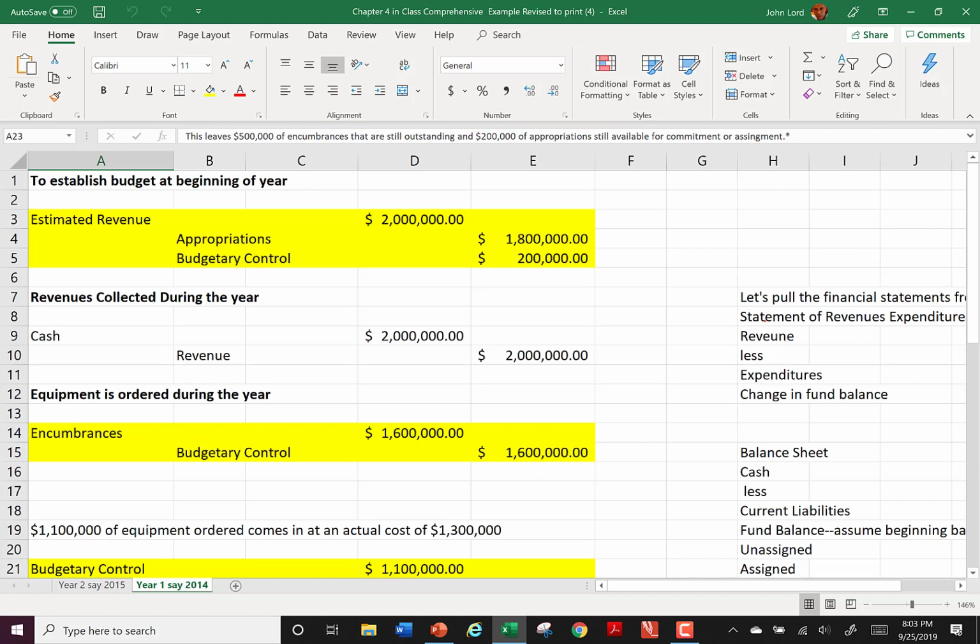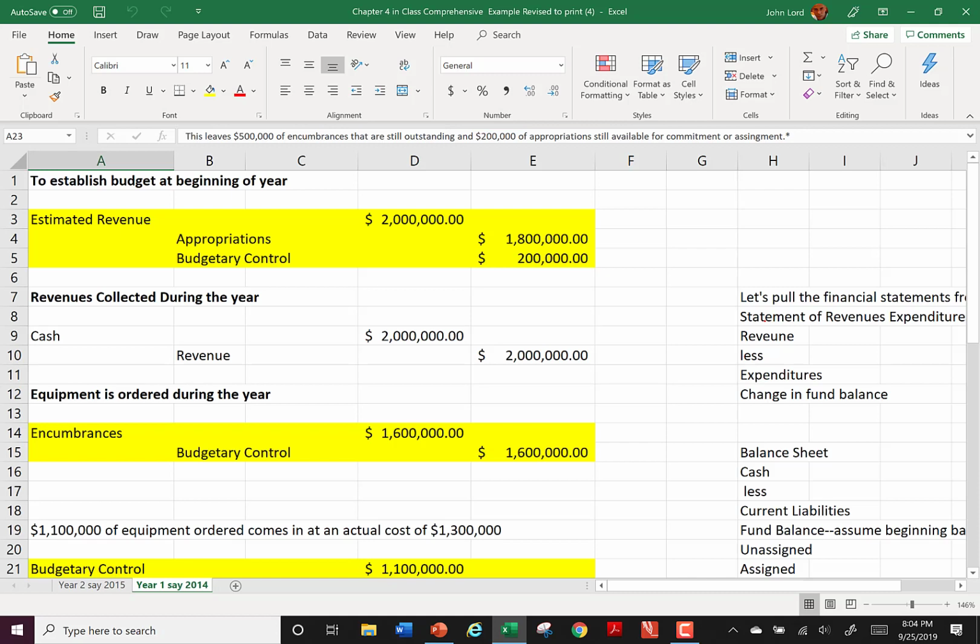I'll have credits for encumbrance, right? And then I'll have the balance. I'll have debits, I'll have credits, and then I'll have the balance. Okay? So let me move this debit over to give myself a little more room.